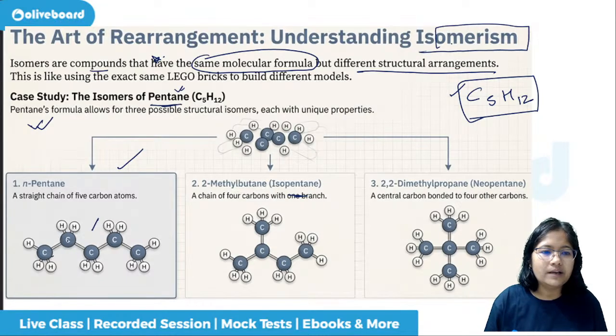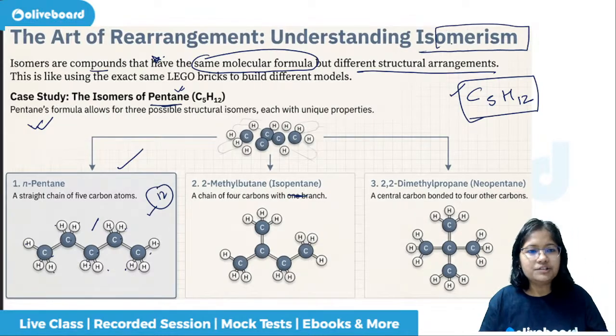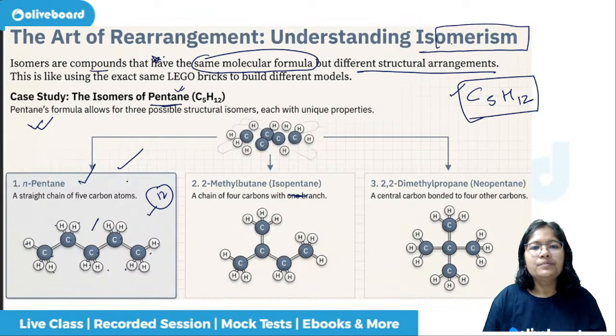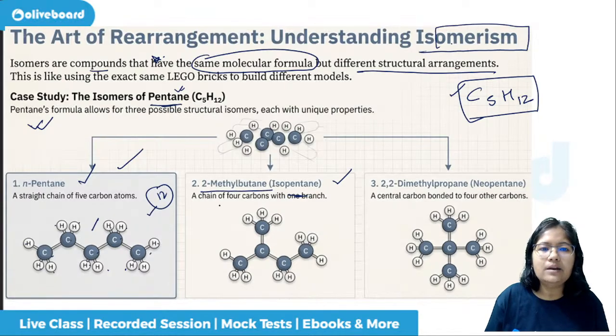You see here 1, 2, 3, 4, 5: 5 carbons are there, and 12 hydrogens are there. But it can be arranged in n-pentane style. It can be arranged in 2-methylbutane style, or as a chain of 4 carbons.